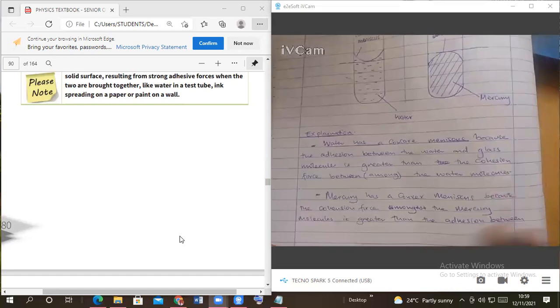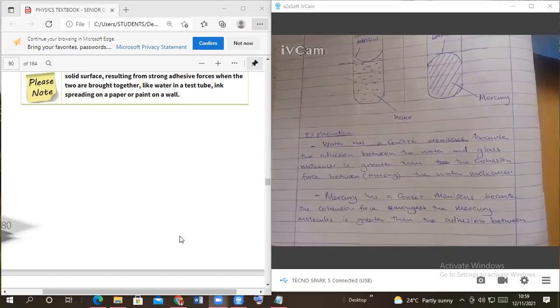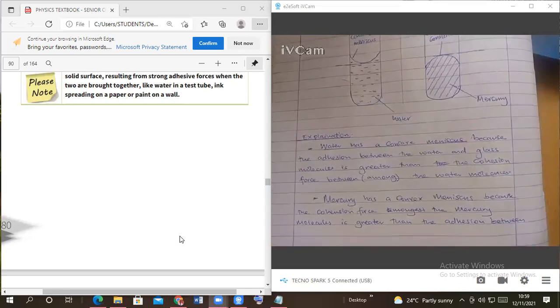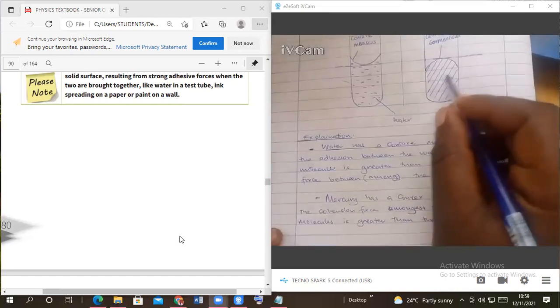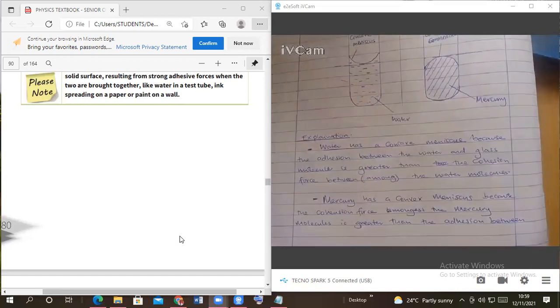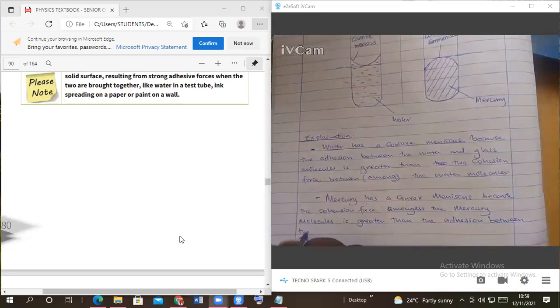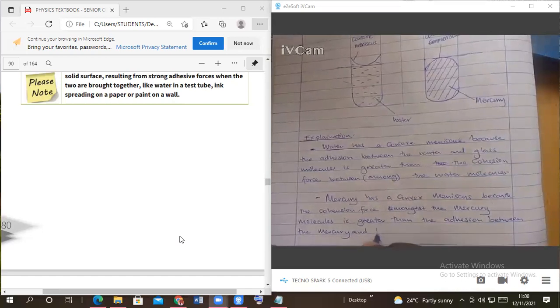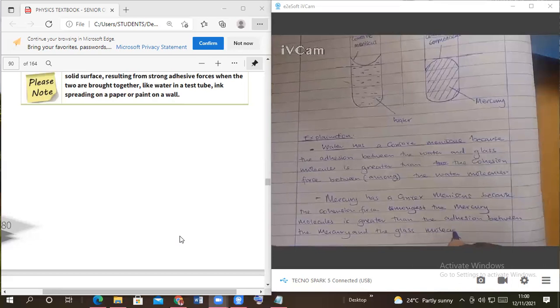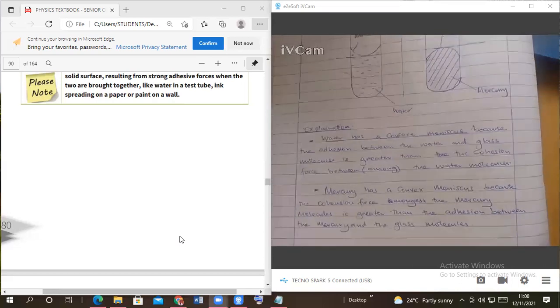Now, adhesion force must be between molecules of one substance and molecules of another substance. So the cohesion force amongst the mercury molecules is far greater than the adhesion force between the mercury and the glass molecules.